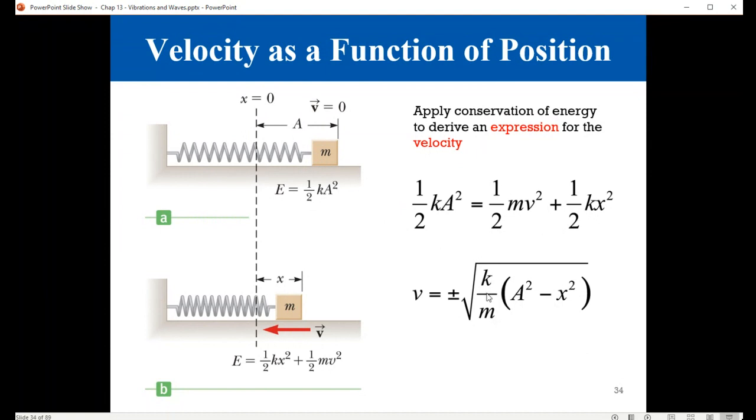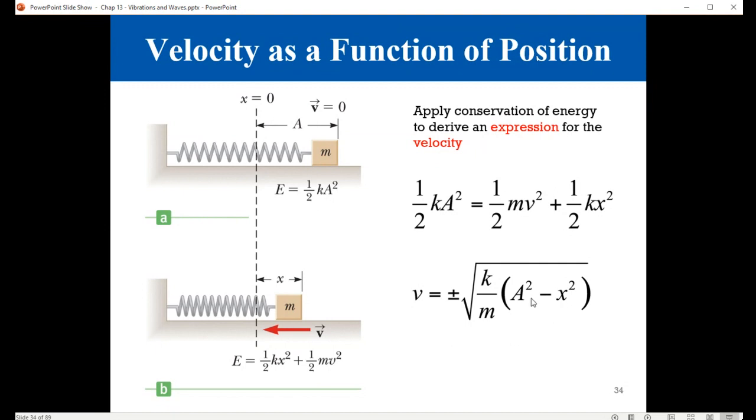You can take the square root of this constant outside. So v is proportional to the square root of A squared minus x squared. Now ask yourself, what is A and what is x? A is the maximum displacement, the amplitude, and x is the instantaneous displacement from the unstrained position.